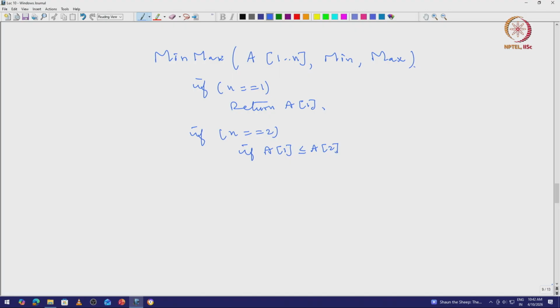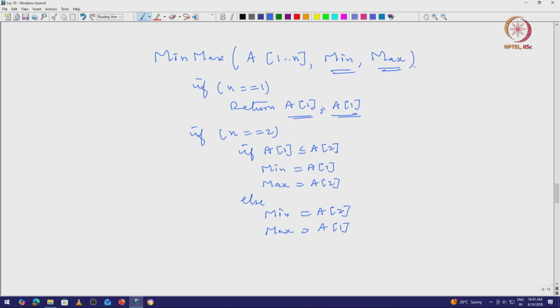If A1 is less than or equal to A2, then min equal to A1, max is A2. Else, min is A2 and max is A1. So, one comparison, you do this.